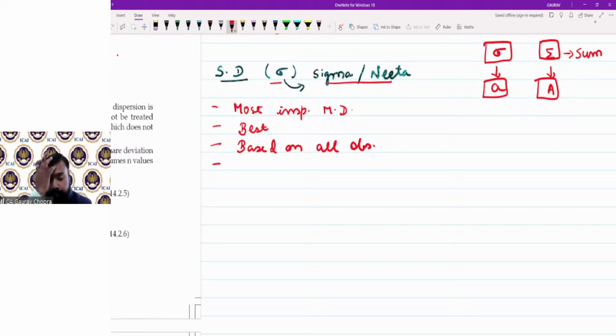Then the next thing is, if all observations are same, then standard deviation is equal to 0.